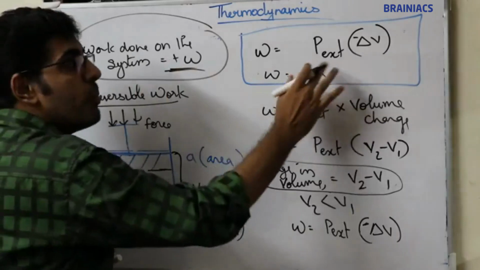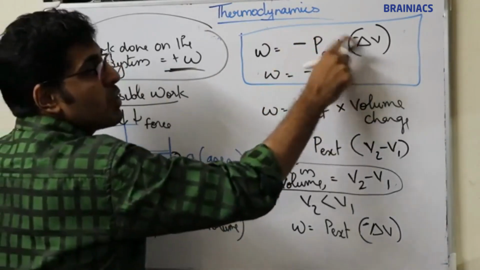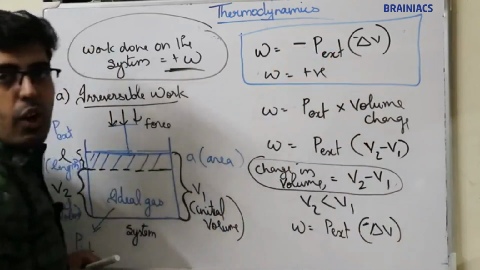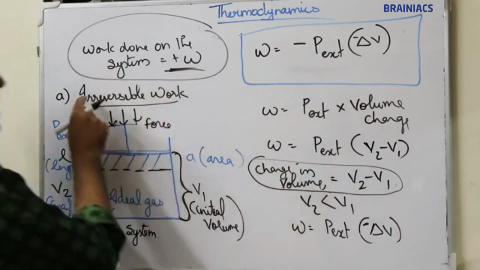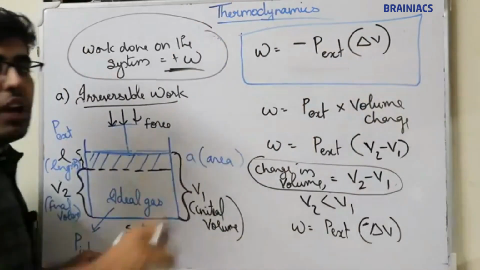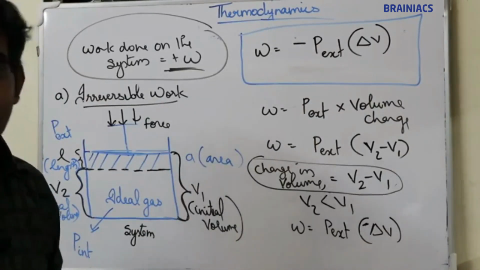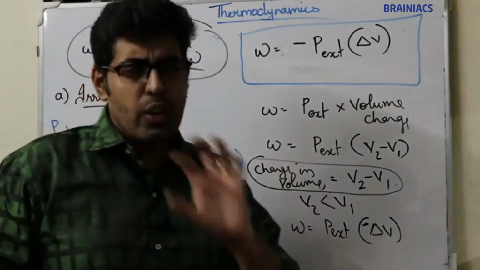So in order to make work positive, we are putting a minus here. Minus and minus will become plus. So the equation to calculate irreversible work is minus P external into delta V. I don't know whether it's clear or not.